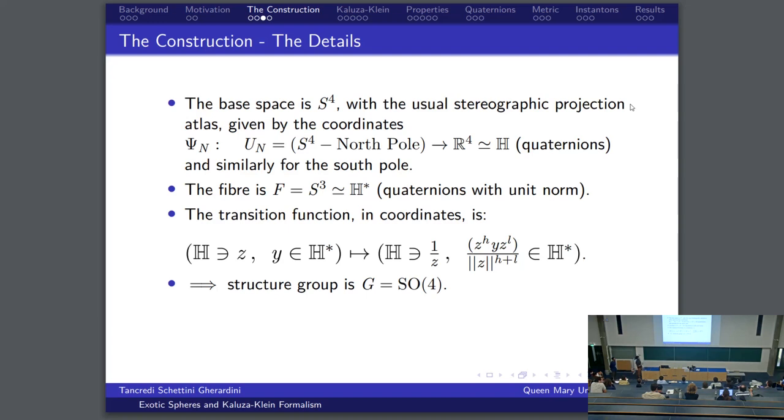The third homotopy group of SO4 is labeled by two integers, and these are the two integers. It's basically the winding of SO4, because SO4 has the same homotopy group as SU2 times SU2. So each SU2 has a different winding. For example, this would be the winding of the double instanton, let's say, and this one would be the winding of the single instanton. Yeah.